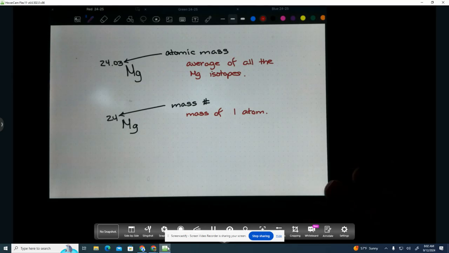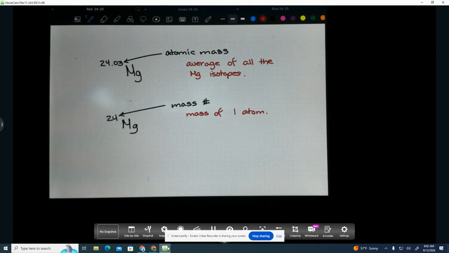So let's think of it like this. Magnesium is a family. There's a grandma and a grandpa, and there's a mom and a dad and a brother and a sister and a baby. None of those magnesiums, grandma magnesium and grandpa magnesium and mom magnesium and dad magnesium, weigh exactly the same amount.